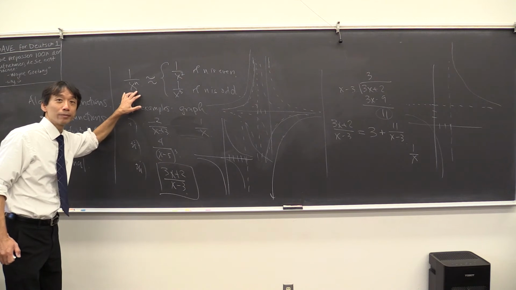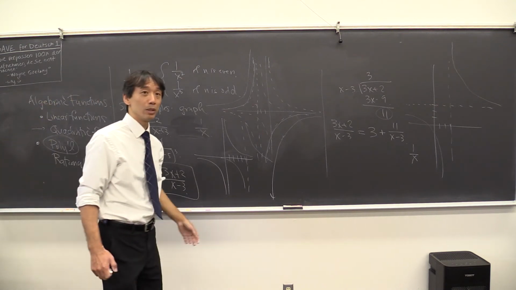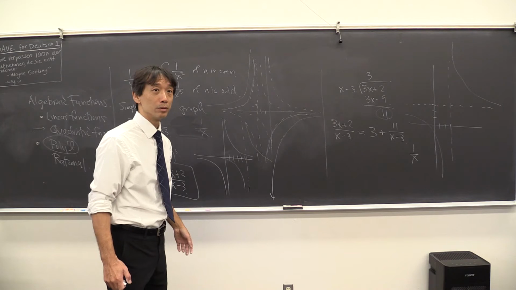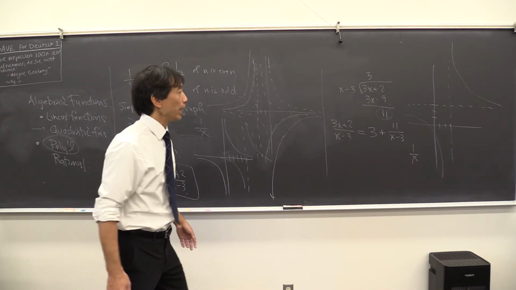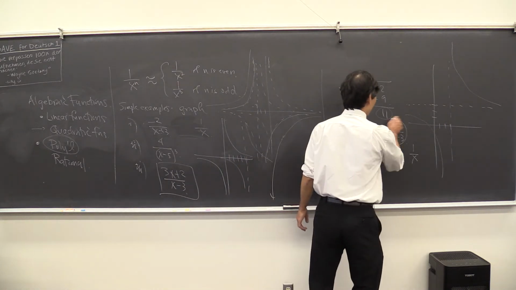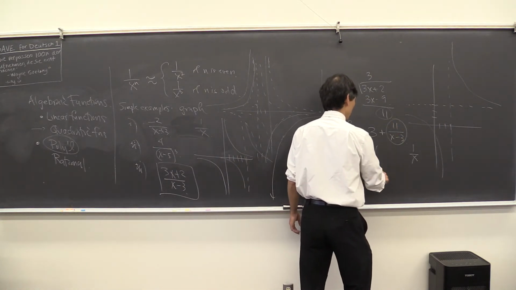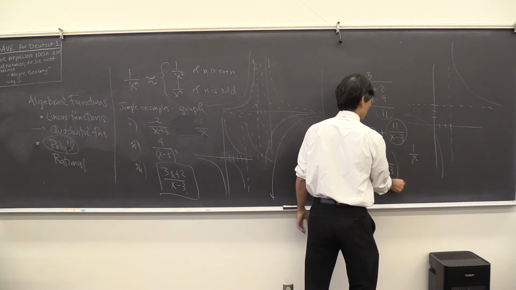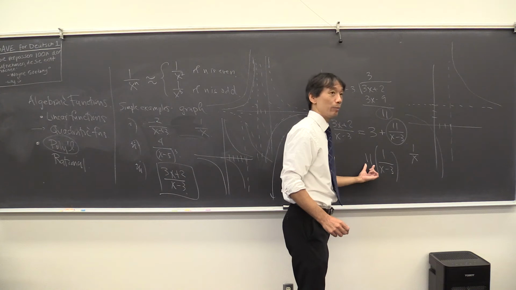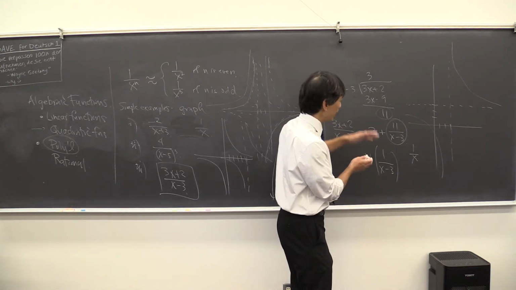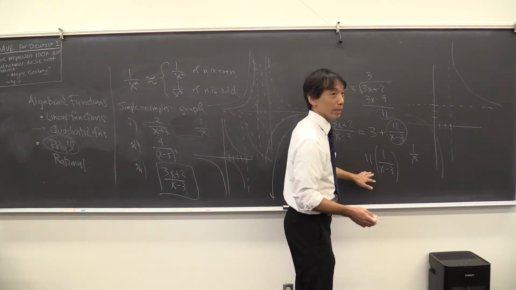Questions? Yes, Manal. So, from what I'm seeing, is the numerator number that we multiply into the denominator? Yeah, because this 11 over x minus 3 is 11 times the function. So you've multiplied the function by some scaling factor, so all the output values get scaled by that number.